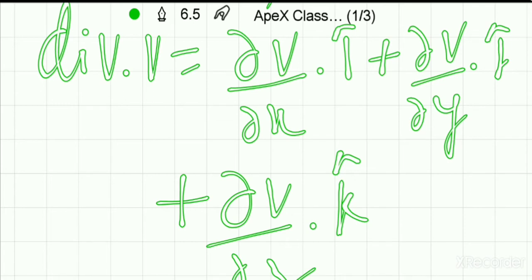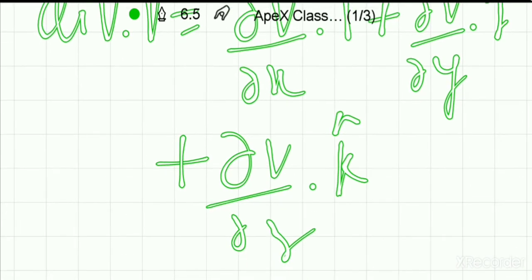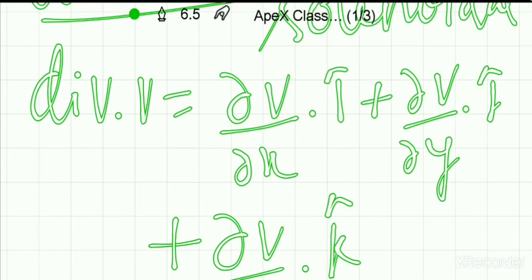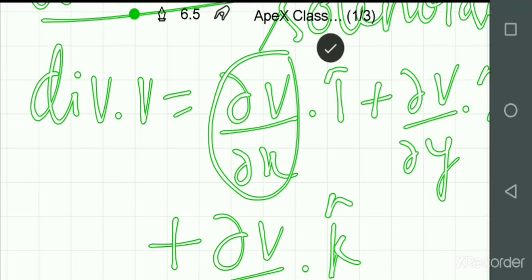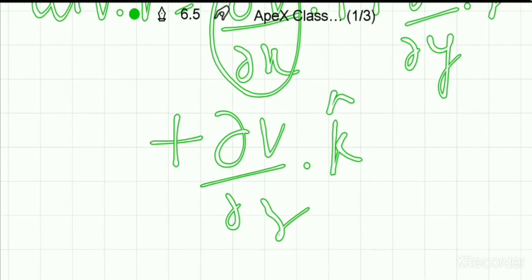Del v upon del y means partial derivative of v with respect to y. And del v upon del z means partial derivative of v with respect to z. So first of all, we will calculate divergence of v by calculating del v upon del x, then del v upon del y, and then del v upon del z, and then we will put the values in this equation. Let this equation be equation number 1.